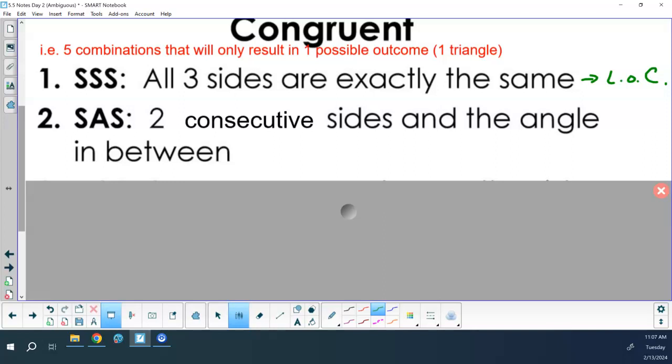So what I mean by that is you've got a triangle and you're given a side, and the angle in between them. That also is going to be a law of cosines, which we'll get to on Thursday. But it's a possible way to solve a triangle.